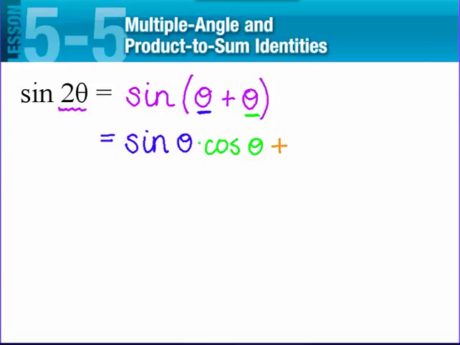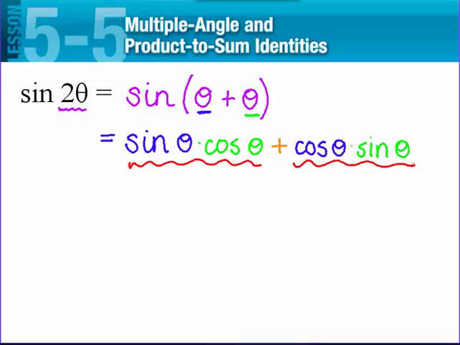Cosine was the opposite. Then it's plus cosine of theta times sine of theta. Looking at that, you'll notice these are identical, so it equals 2 sine theta cosine theta.